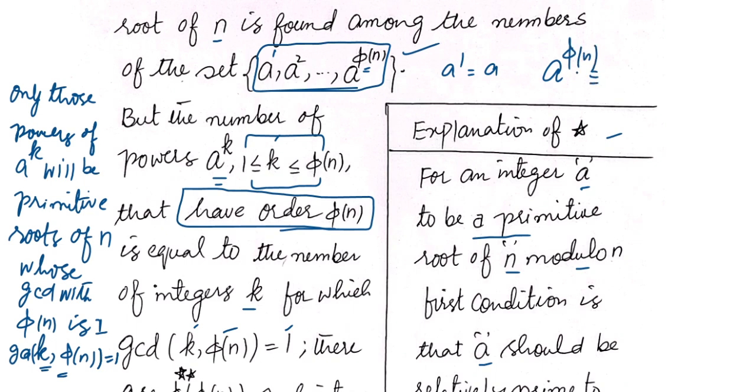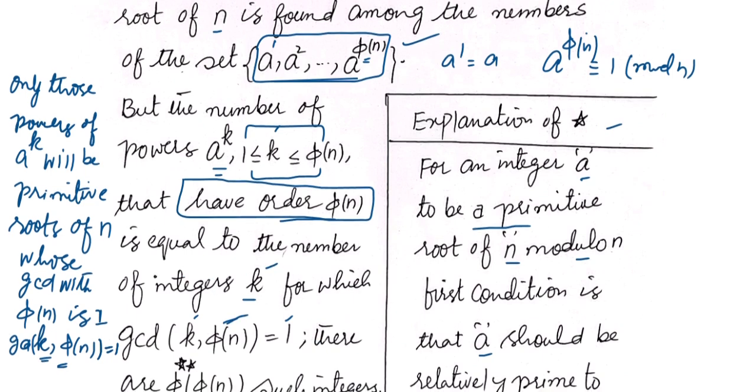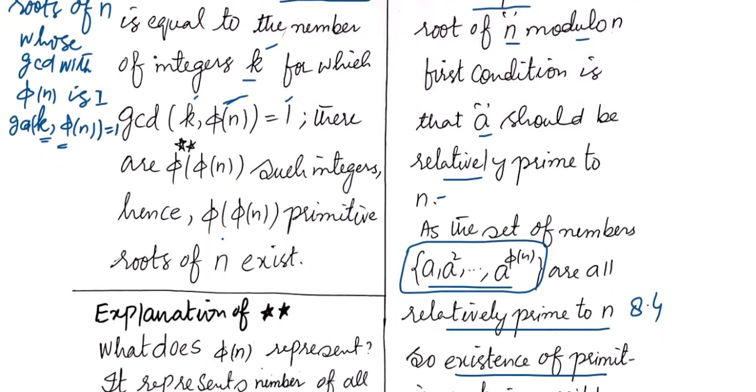When its order is phi of n, it means a raised to power phi of n is congruent to 1, then we say that a has order phi of n, and it is a primitive root. So the number of powers that have order phi of n is equal to the number of integers k for which their GCD is equal to 1, and these are calculated by this formula, phi of phi of n. Hence such integers, phi of phi of n primitive roots, exist.